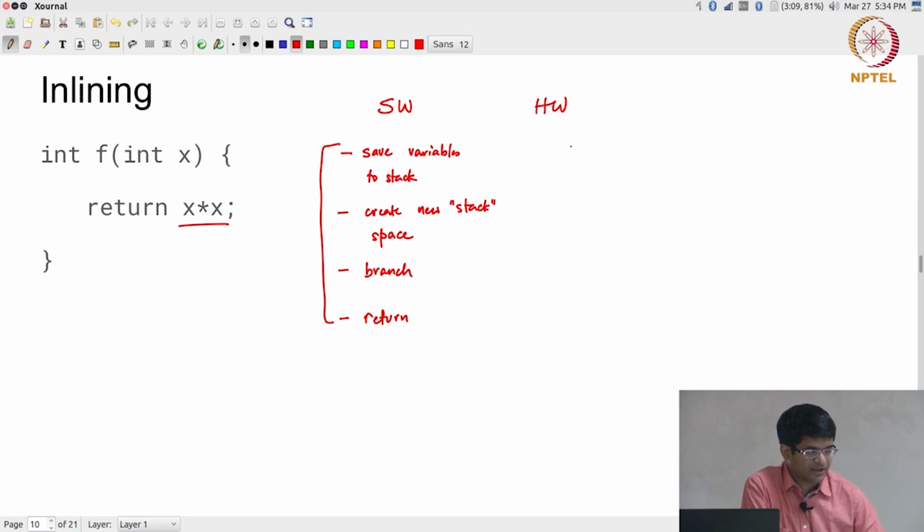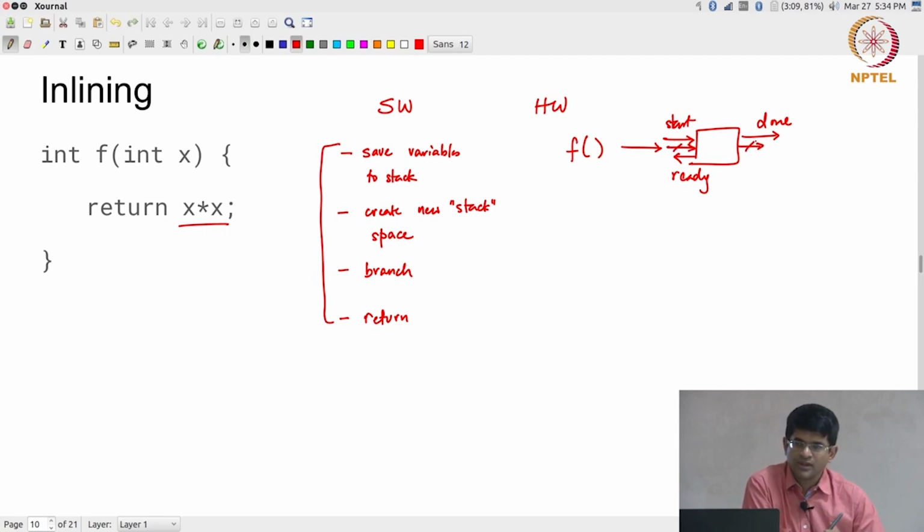In terms of hardware, a function will get translated into a module which will have a start signal, a done signal, possibly some kind of a ready signal for handshaking, and data then needs to be transferred into it, and data needs to be transferred out of it. Okay? The moment you have a start signal and a done signal, it means you have a finite state machine. It means that multiple clock cycles are going to pass just for activating and terminating that function.